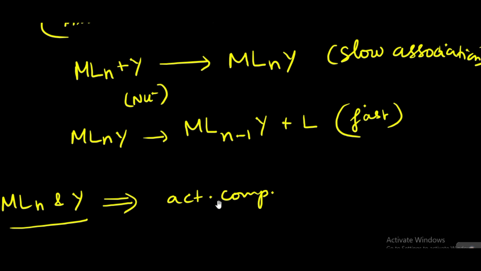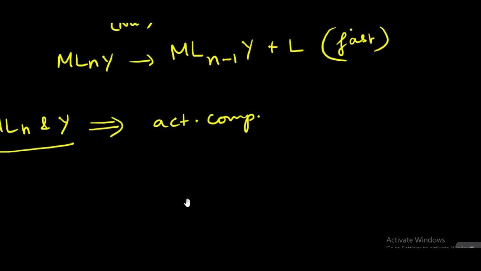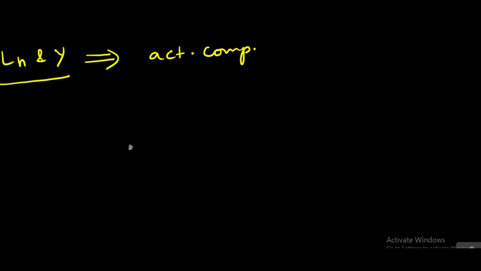The rate of the overall reaction depends on both MLn and Y, because both of them come together to form the activated complex. Since it is involved in the slow association step, the reaction is first order with respect to MLn and first order with respect to Y. Therefore the overall order is second order.